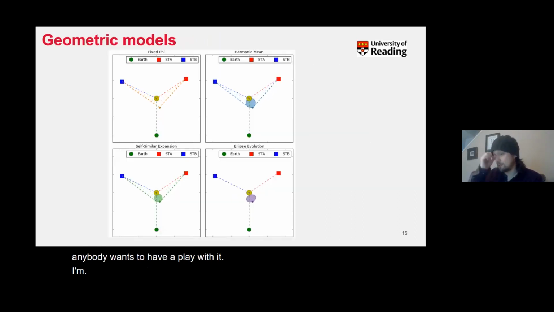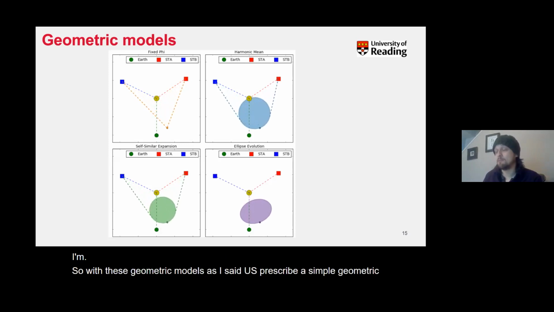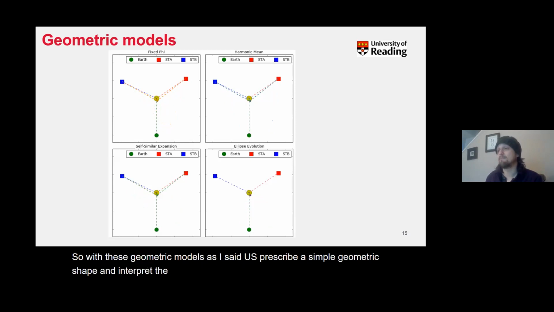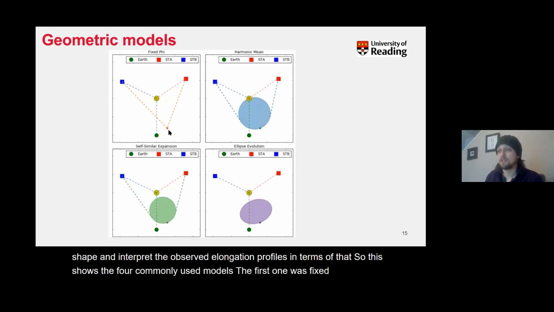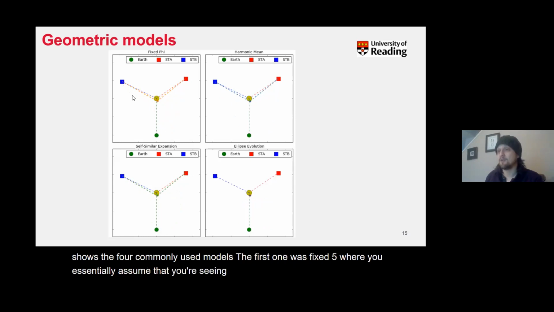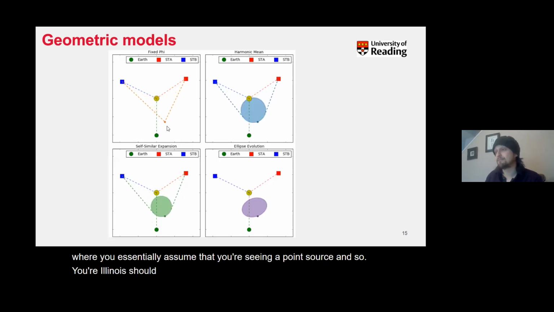So with these geometric models, as I said, you prescribe a simple geometric shape and interpret the observed elongation profiles in terms of that. This shows the 4 commonly used models. The first one was fixed phi, where you essentially assume that you're seeing a point source, and so your elongation profile corresponds directly to this.